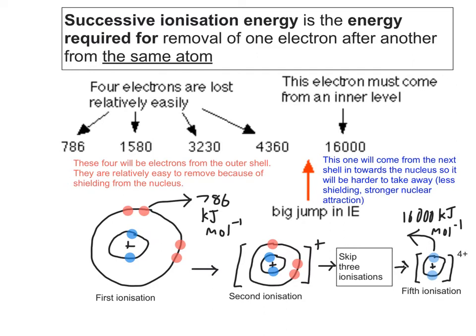I should technically tidy up my diagram showing the fifth ionization, so that would be a 4+ ion having an electron removed from it, so the fifth ionization would be of a 4+ ion. I've also just realised at the bottom right hand corner as well, I should have said skip 2 ionizations. I do apologise. So going from second ionization, you skip 2 ionizations, then that takes you to the 5th.